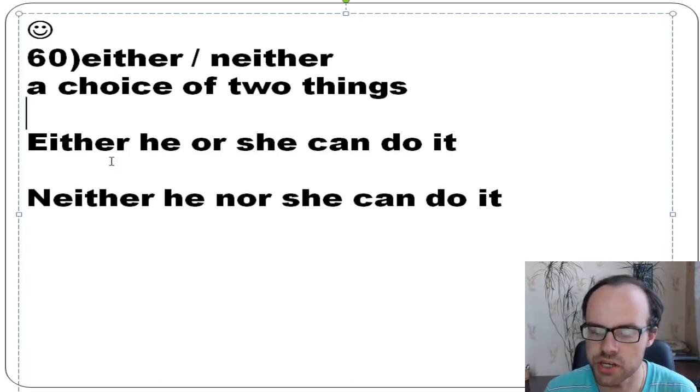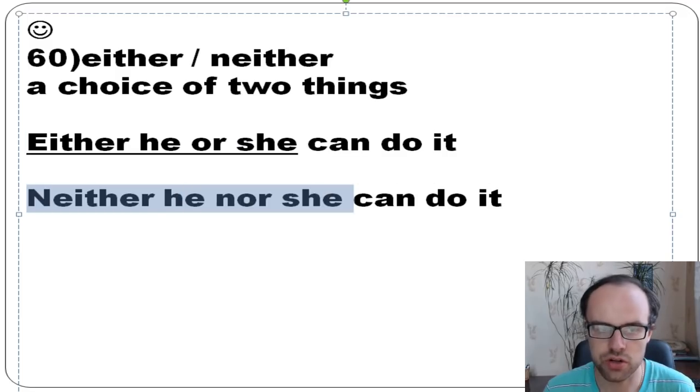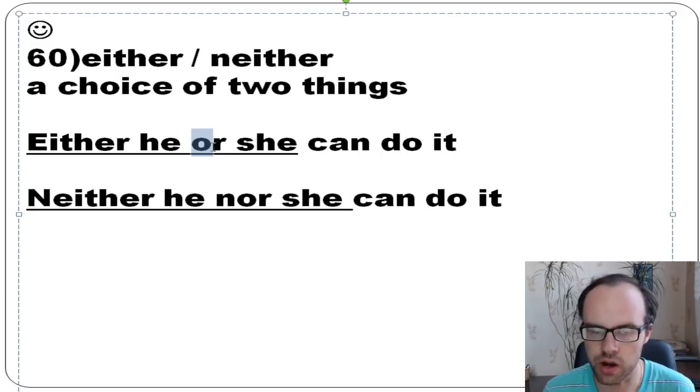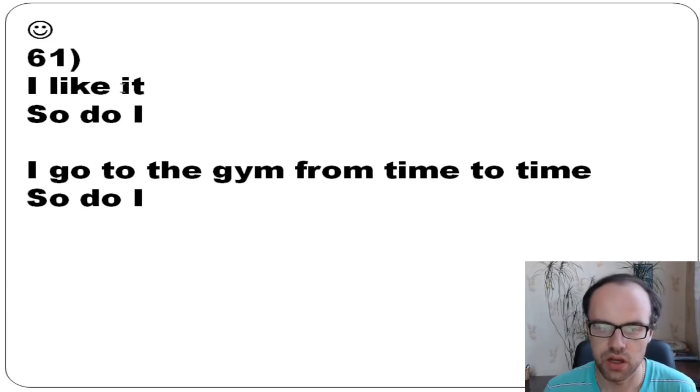So either he or she can do it. If it's a negative form, for example, he can't do it and she can't do it, so they can't do it, you use neither he nor she can do it. The main thing to keep in mind is that we use or with either and nor with neither.